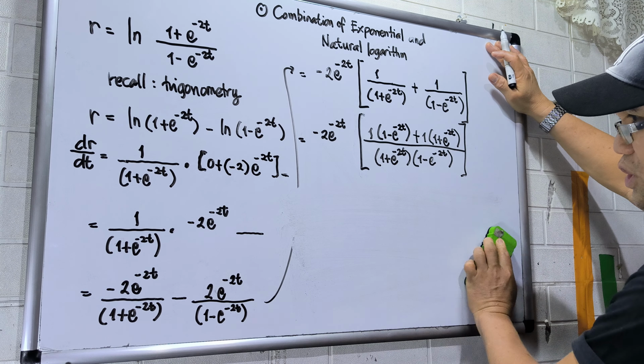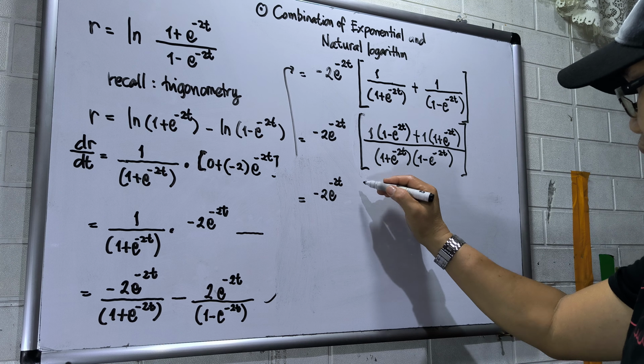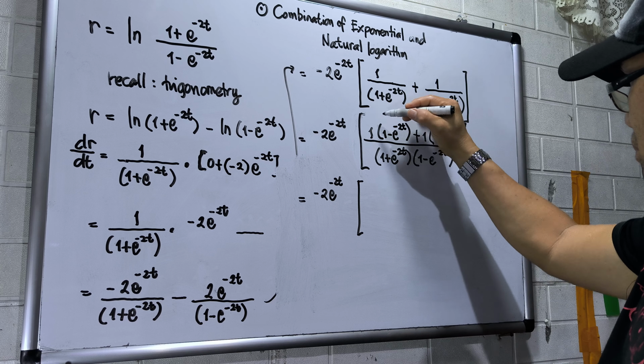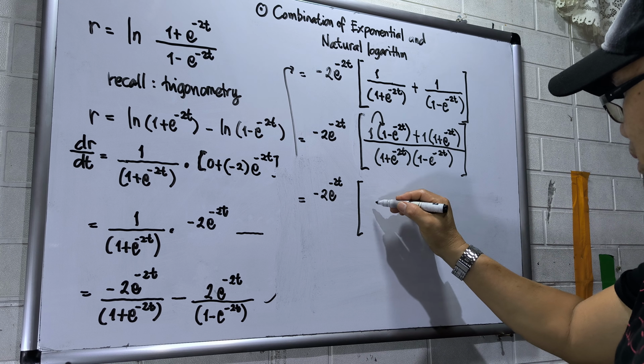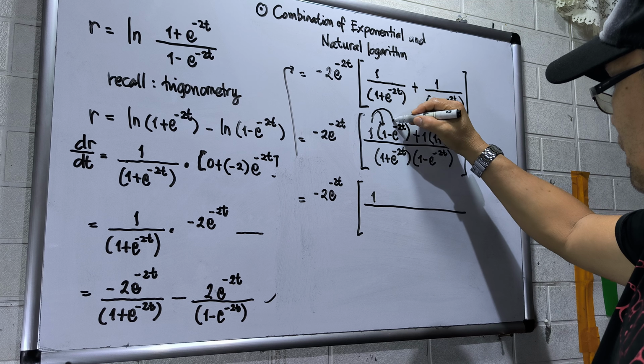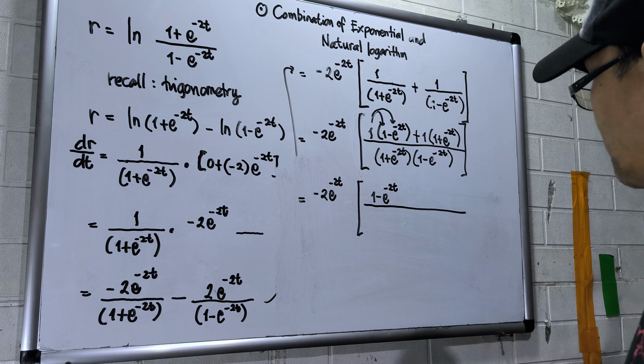So this will be equal to negative 2 e to the negative 2t. Then square brackets, multiply inside the circle brackets. So this will be 1, then minus e raised to negative 2t.